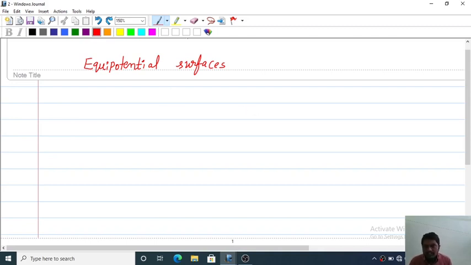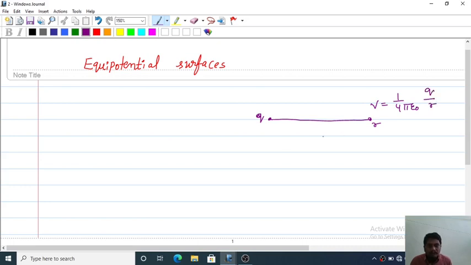To understand this, let us take a small charge q in space, and at a distance r from this point charge, I want to find the electric potential. The electric potential due to a point charge is given by 1 by 4 pi epsilon naught, q by r.